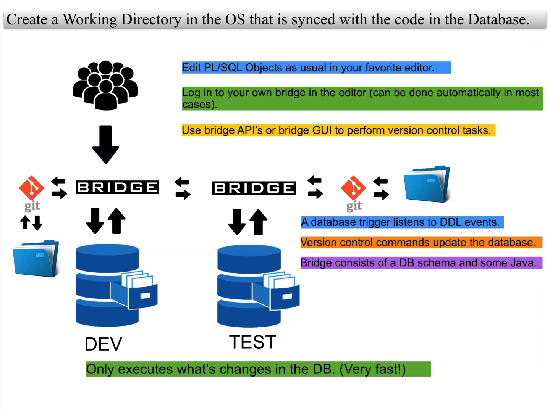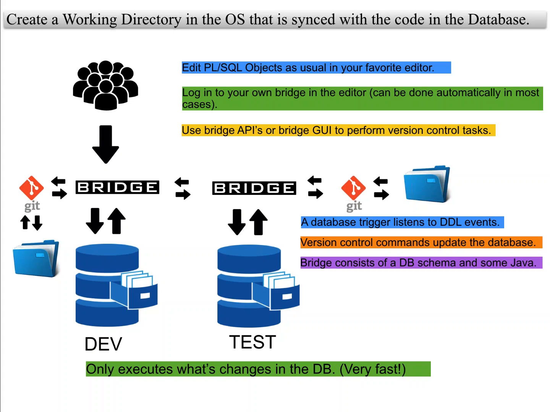We decided to treat the database like a big giant working directory. So we have Git installed somewhere close to the database physically, preferably on the database machine itself, and we have a working directory which maps one-to-one to our development database.